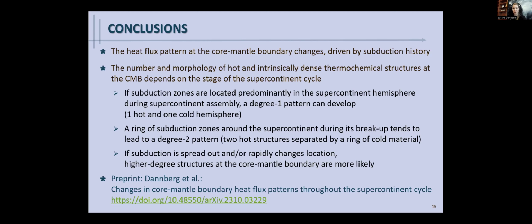If we are in the phase with subduction zones spread out or changing location, it would be easy to form a higher degree pattern. And if you're interested in more of the details, we did this at GGI, and so you can already look at the. Right, thank you.